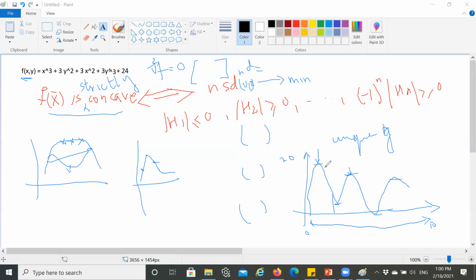You find the Hessians, you find the functional values at these points, and based on the functional values, you can tell which one is the global minimum or maximum and local minimum or maximum. Then what you can tell me is, in the area between two extremum points, whether that function is concave or convex, strictly concave or convex.